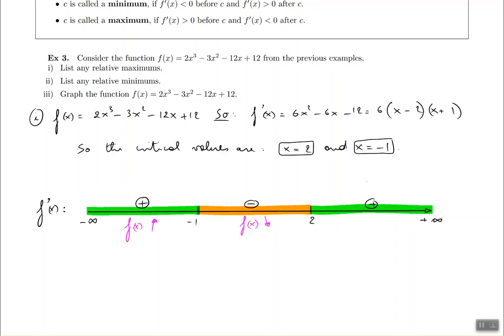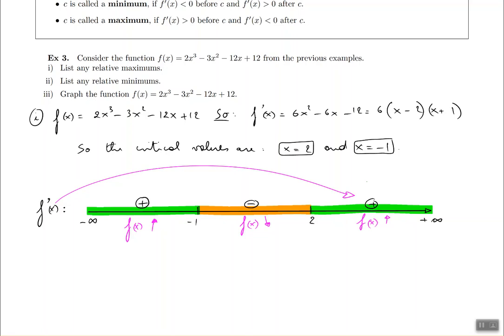Why is it decreasing? Because the derivative is negative. Having a negative derivative means that the function is going down. Then finally, on the third interval, the function f of x is going to be going up again for the same reason that we had on the first interval. When the function's derivative is positive, the function itself will be going up or increasing.